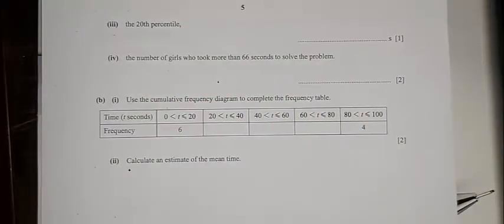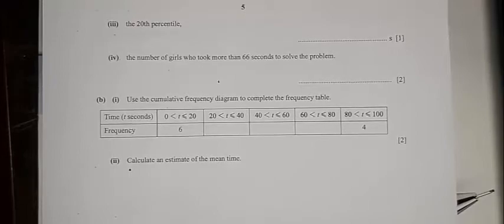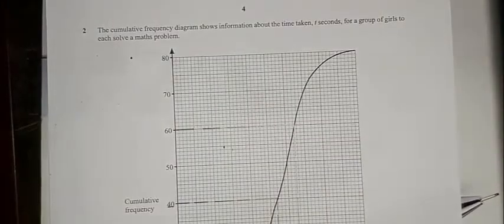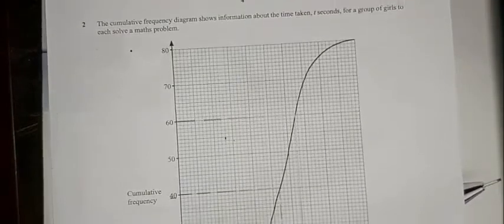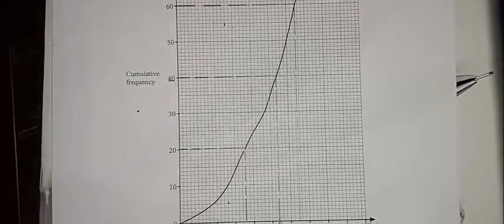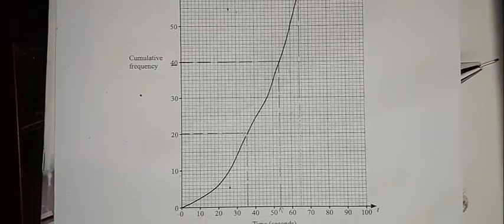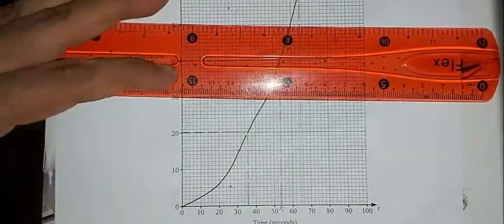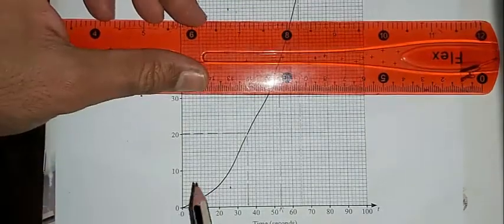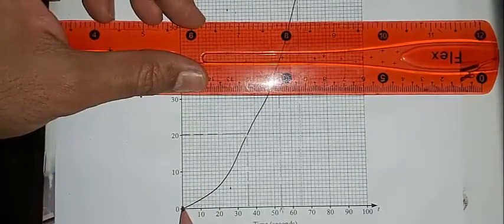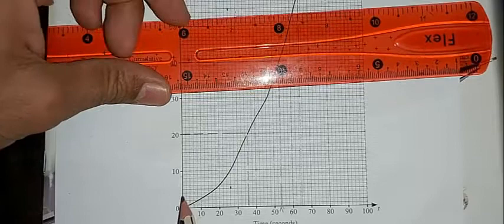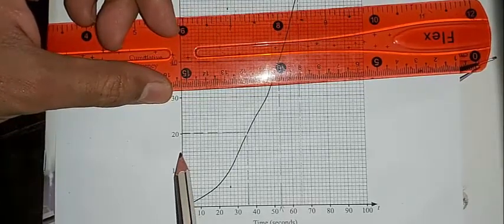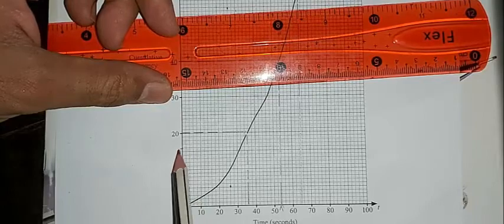So we need to go back to the diagram, and from the value 16, we will make another dotted line here. The small square in the vertical line is 1, so this 10 here will be 15 and 16 is here.